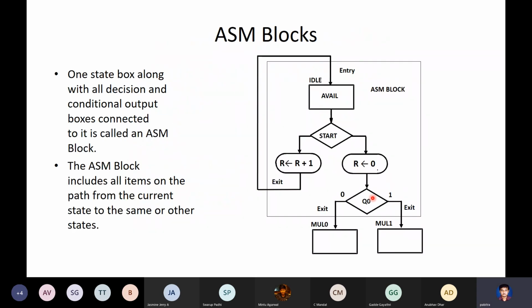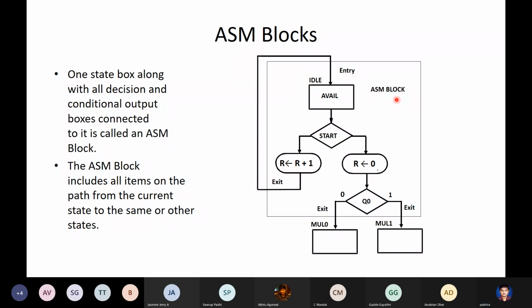You form what is called an ASM block. So an ASM block consists of a state box along with all the decision diamond boxes and the oval, which is a conditional output box, associated with the state box.